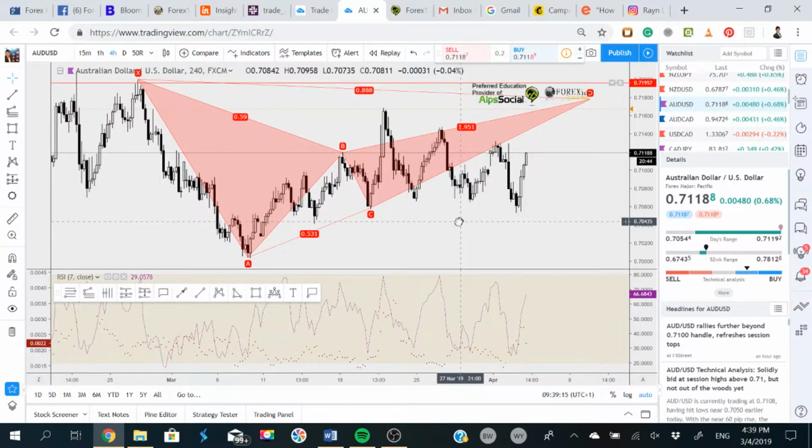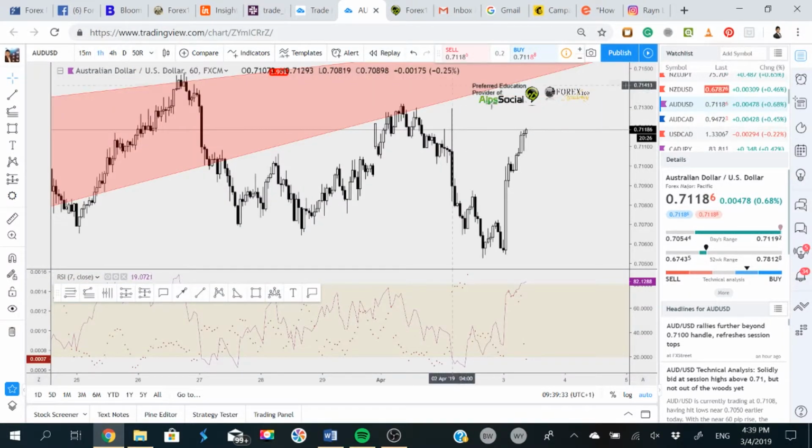For it to hit the point of completion on this bat pattern, the market has to break and close above the high. I just hope it's in time to still keep this pattern valid. If not, it's fine, I'll just wait for the next setup.